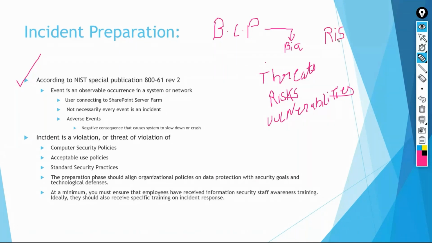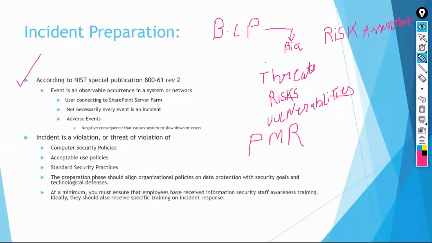So the risk assessment is the document which you can refer to identify the threats, risks, and vulnerabilities faced by the organization. Another possible reference for identifying them is your problem management record.